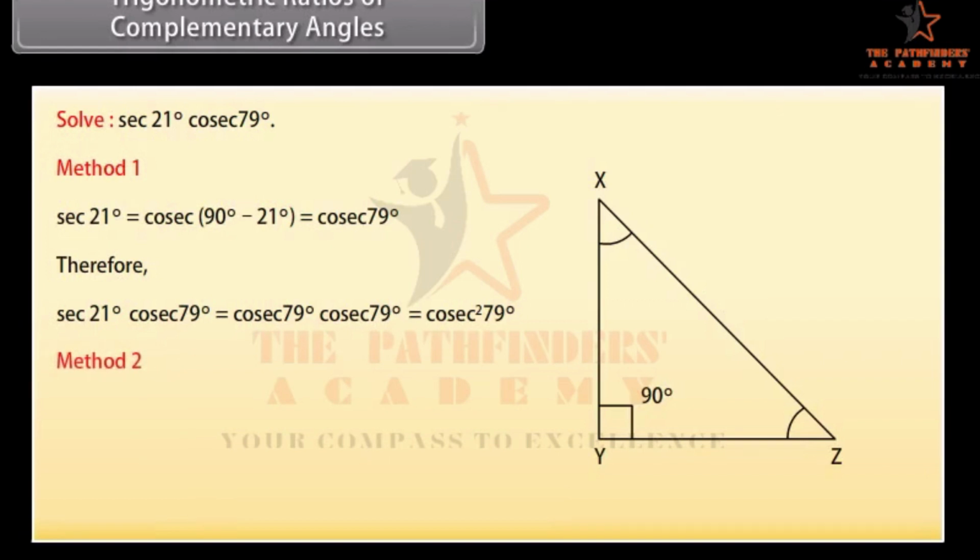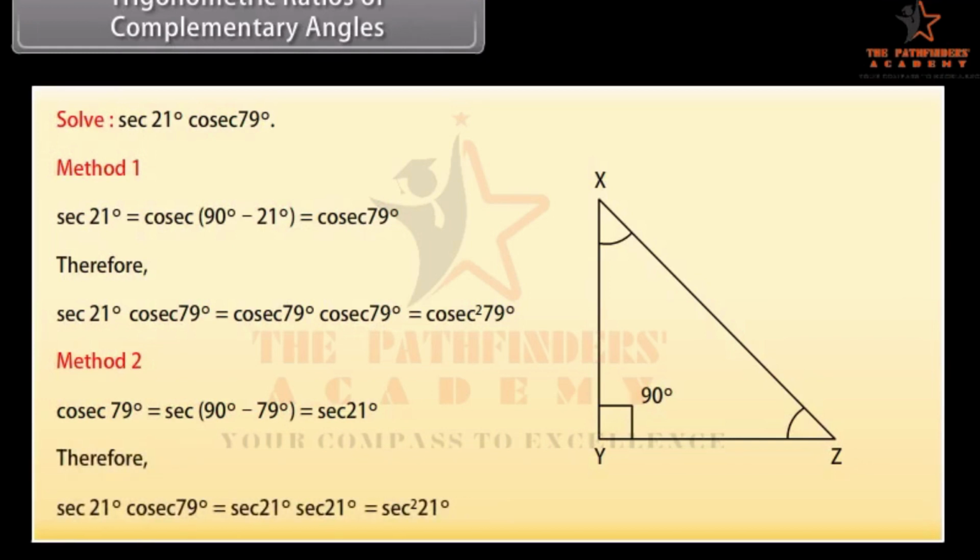Let us solve the same question in a different way. Cosec 79 degree is equal to sec of 90 degree minus 79 degree equals sec 21 degree. Therefore, sec 21 degree cosec 79 degree is equal to sec 21 degree sec 21 degree, which equals sec square 21 degree. Let us attempt one more question.